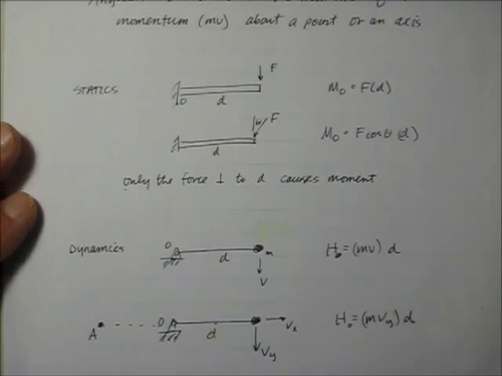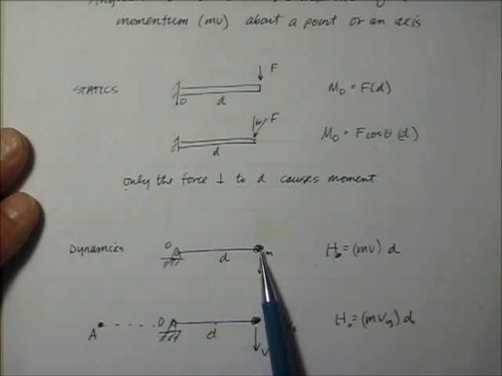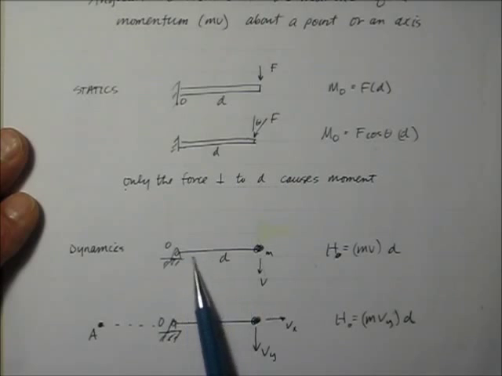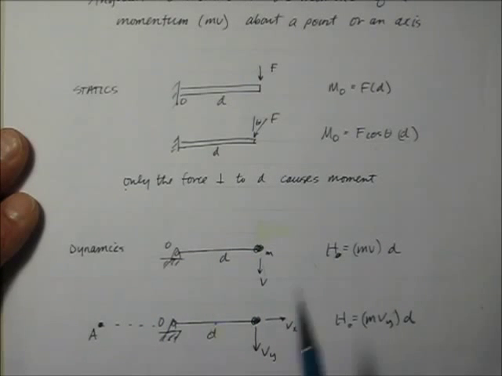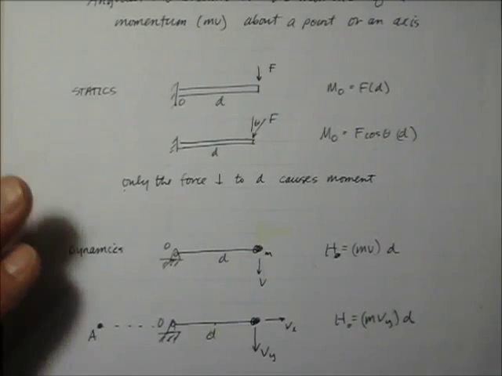We're going to call angular momentum the capital letter H, and we're going to say it is the momentum, mv, times that distance from the point of reference or the point of rotation, so that H is equal to momentum, mv, times d.